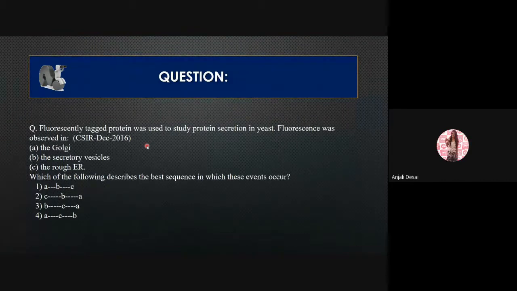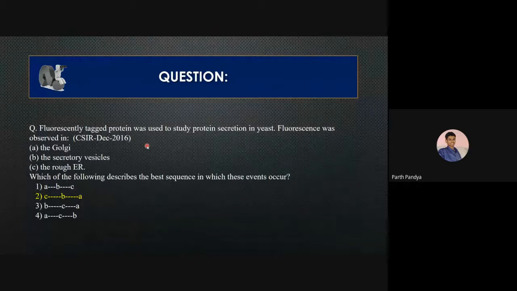B option. It's the second option. Those who said second are right. It is a sequence of events which has been asked.